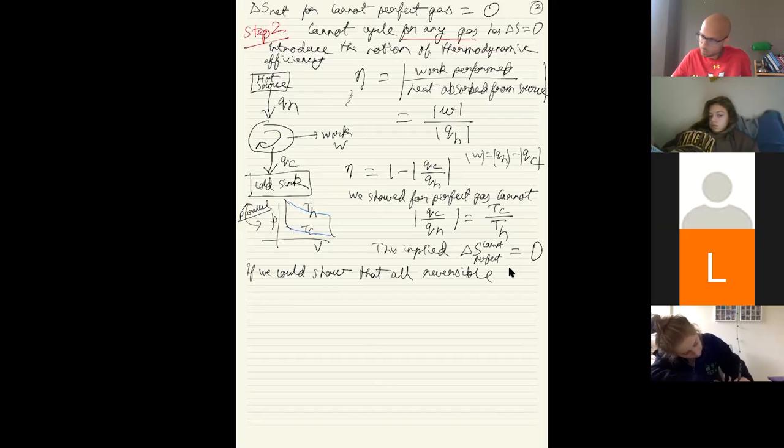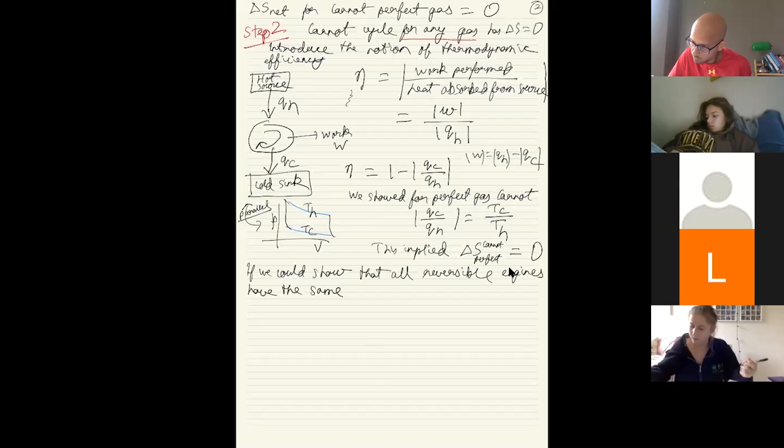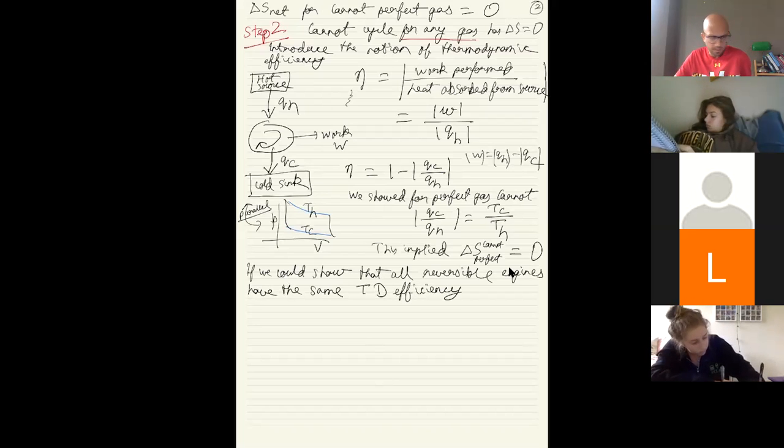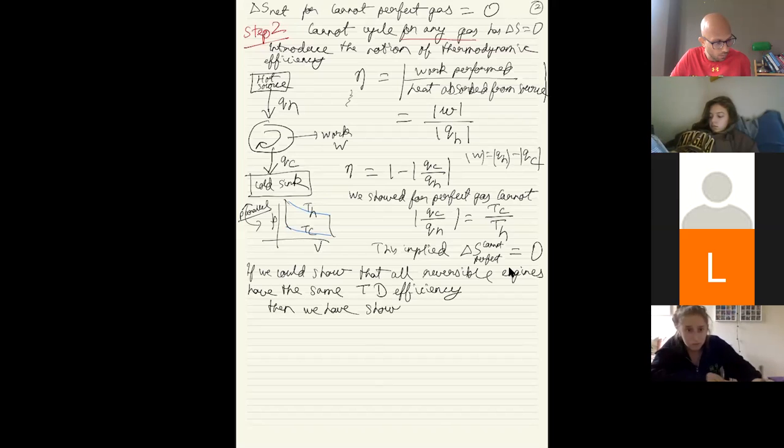So if we could show that all reversible engines have the same TD efficiency, thermodynamic means, TD means thermodynamic, okay? Just a shortcut, same thermodynamic efficiency, then we have shown delta S Carnot, any gas, is equal to 0.